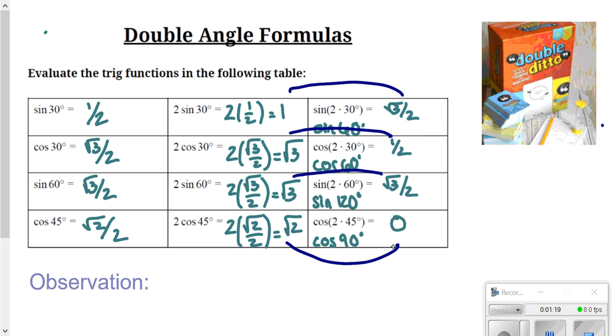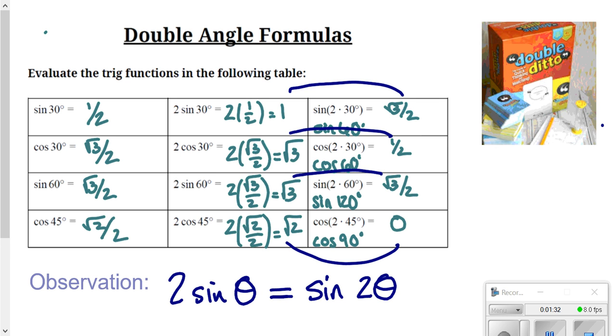Right? Because a person might accidentally think that 2 times the sine of an angle and the sine of 2 times the angle, you might accidentally want to put an equal sign here, when in actuality, it should be a not equal to. Right?